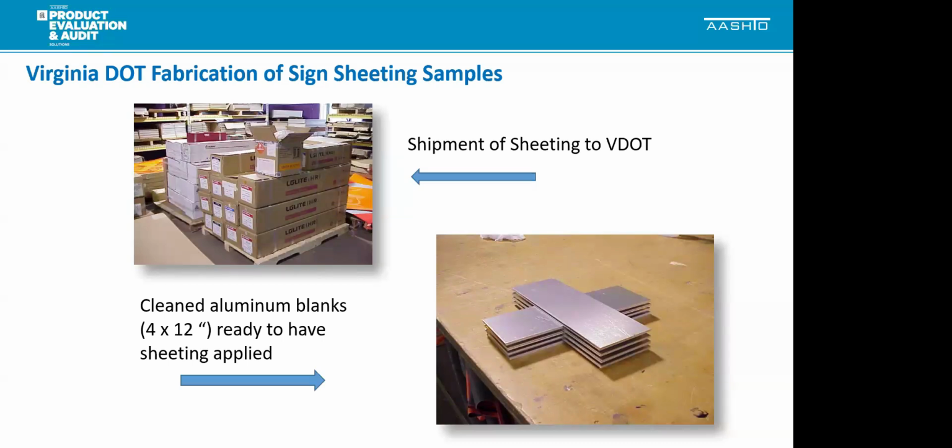And what you're seeing here is just a picture of samples that are being shipped to VDOT for fabrication. And what VDOT does is we fabricate these samples, and you can see the aluminum there. It's a 4 by 12 inch aluminum blank that we affix the rigid sign sheeting to. And we'll talk a little bit about the roll-up preparation as well.